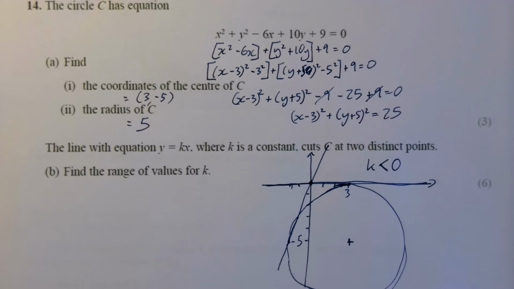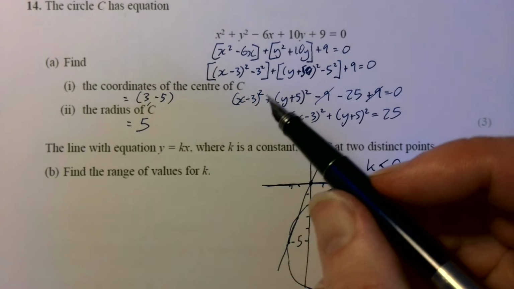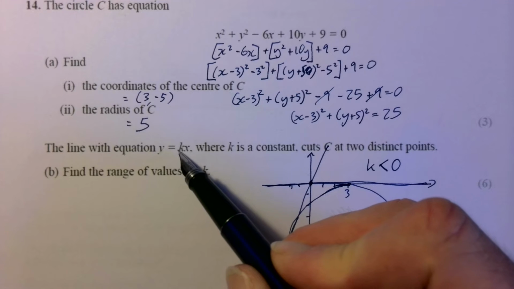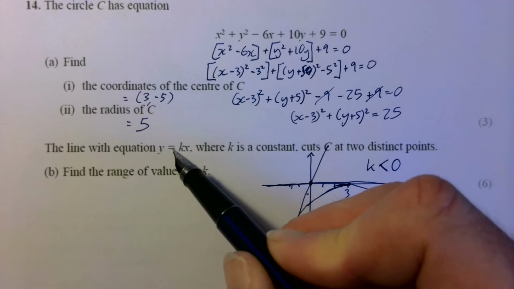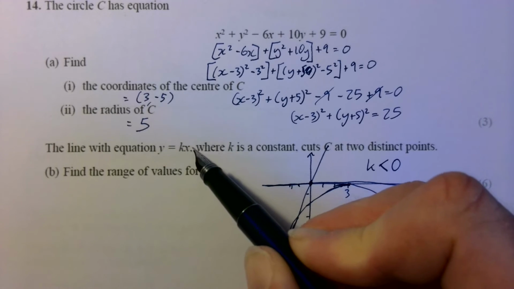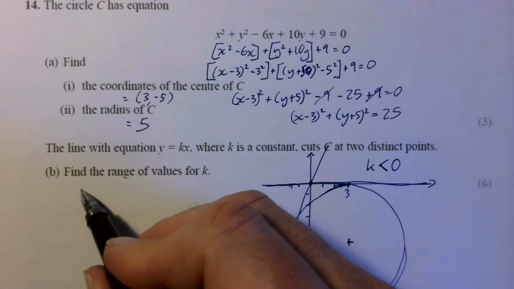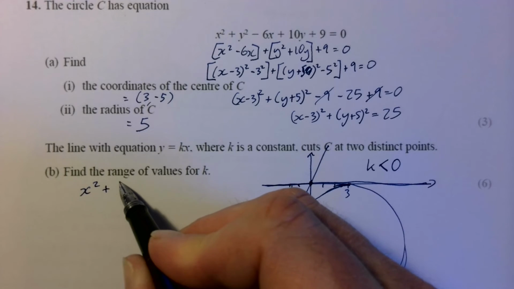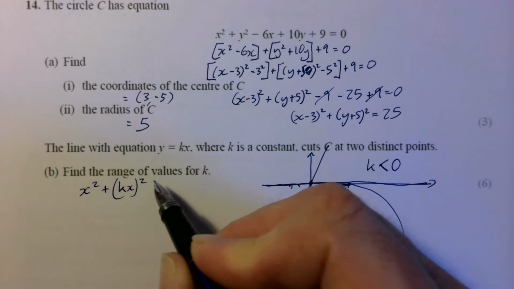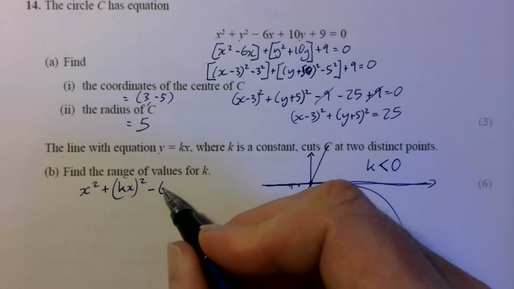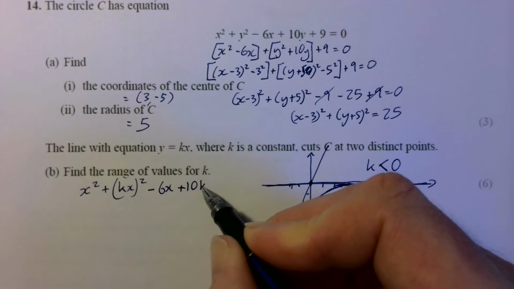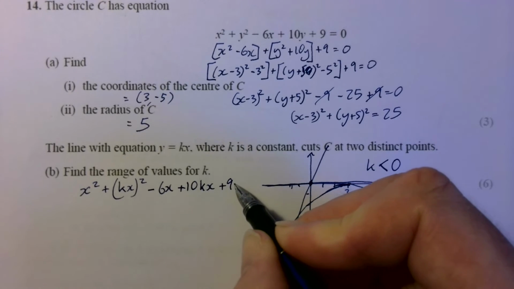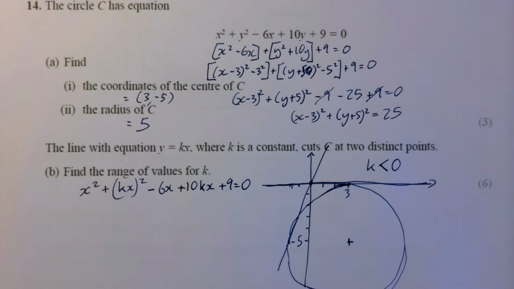So the discriminant is going to help us to find that. But first of all, we need to solve simultaneously by substituting in kx instead of y. So I'm going to have x squared plus kx squared minus 6x plus 10 times kx plus 9 is equal to 0.